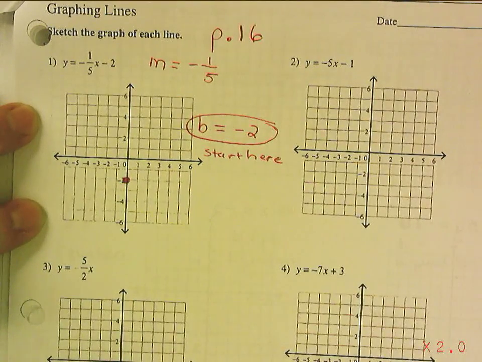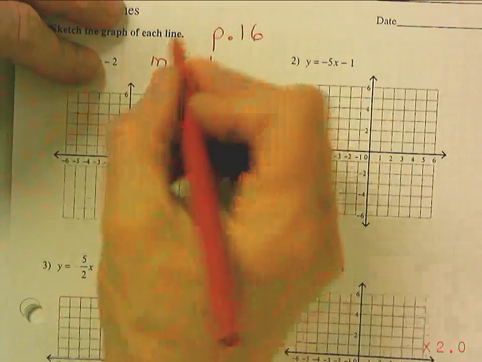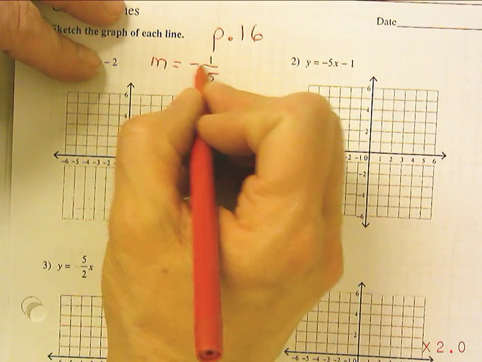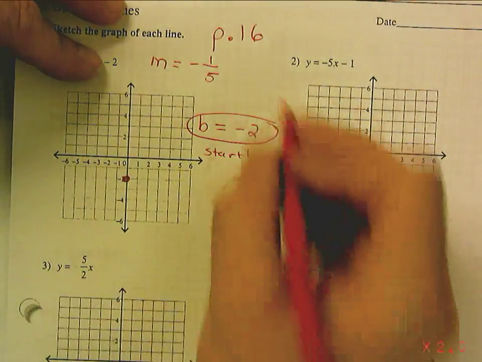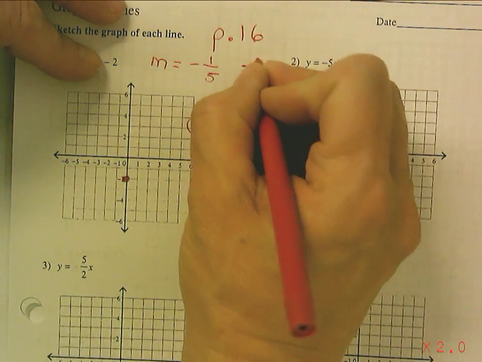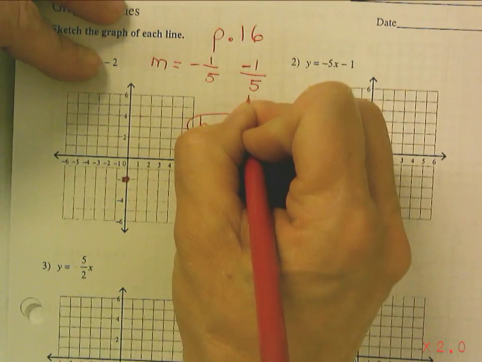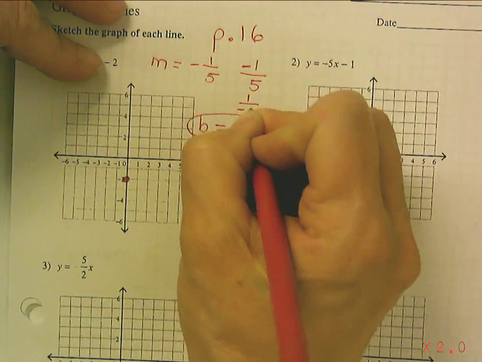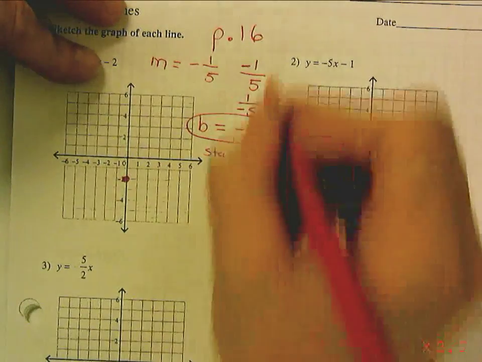Now, I'm going to use the slope to rise and run to find my next point. When the slope is negative on the outside, that can be rewritten two different ways. I can put the negative with the 1, or I can put the negative with the 5. So I write my slope two different ways.